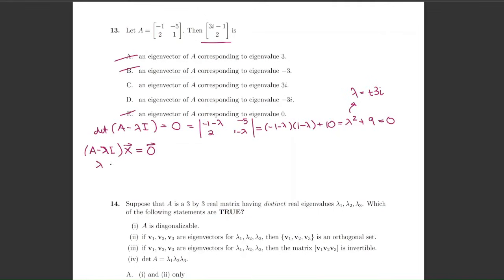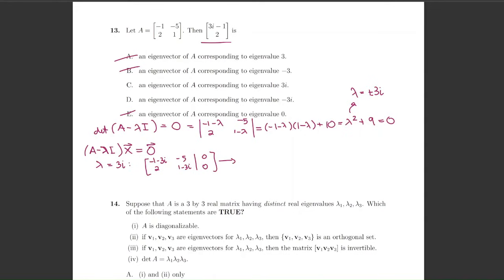So lambda equals 3i. That gives us A minus 3i times the identity matrix, which is just -1 minus 3i, -5, 2, 1 minus 3i, and this is equal to 0. Okay, so what you can do is multiply by the complex conjugate, I think.